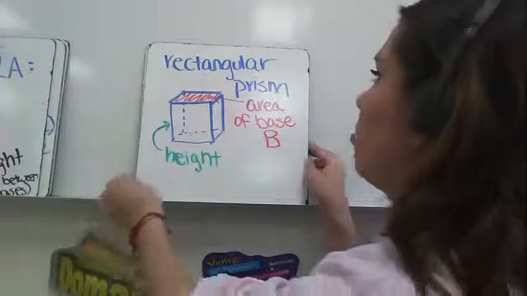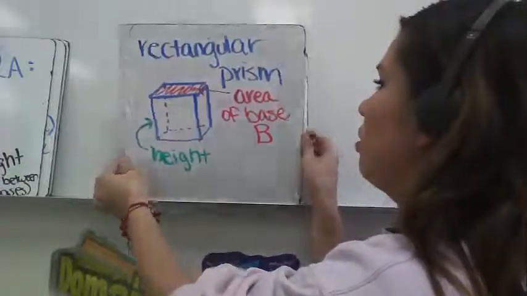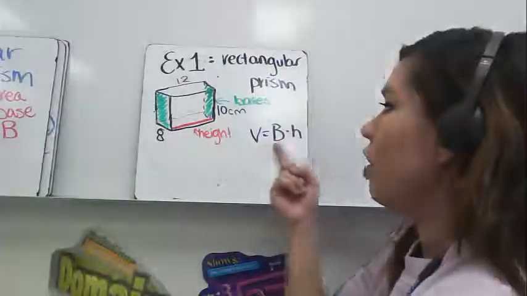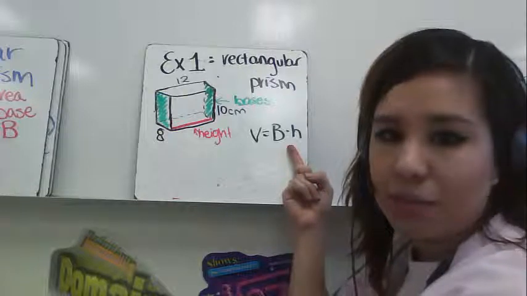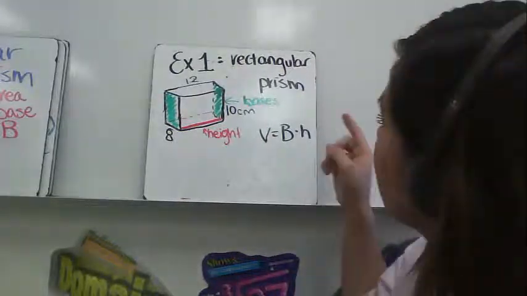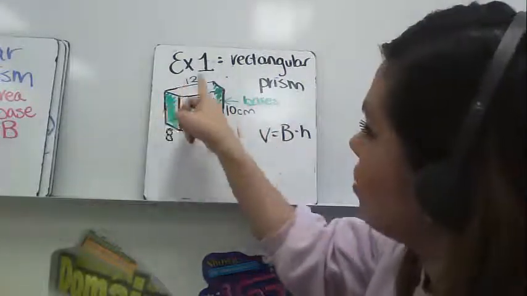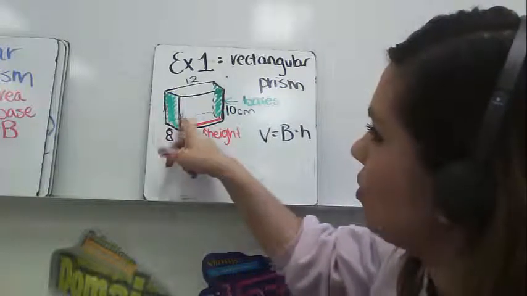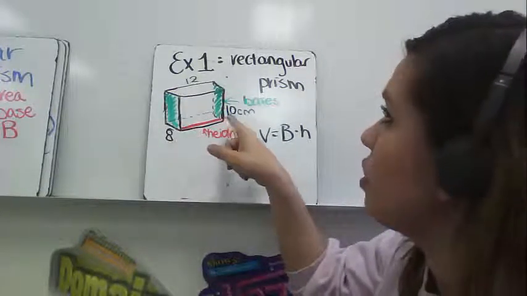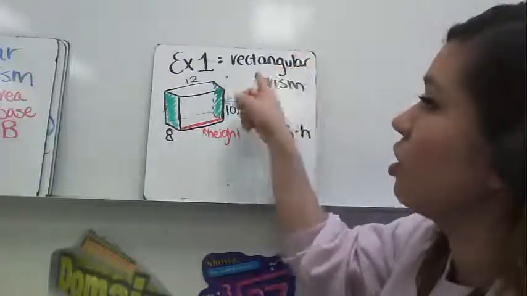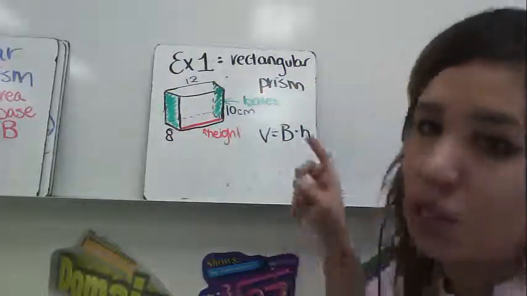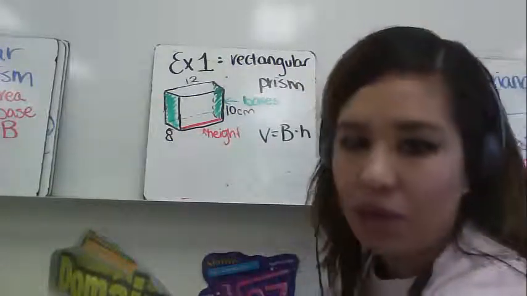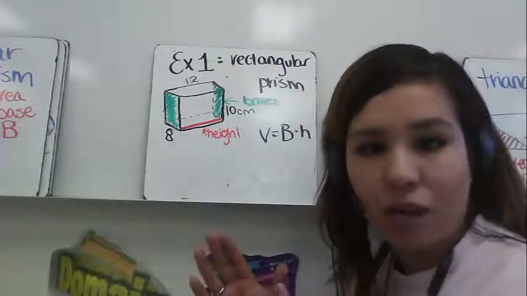So let's go ahead and apply the formula. We know that the formula is volume equals area of the base times the height. In this first example, we have this shape, and it's an 8 by 10 by 12. So this is a rectangular prism. Remember, if I wasn't sure what the base was, I could look at my name, rectangular prism, and that would tell me that the bases are where I have two rectangles.